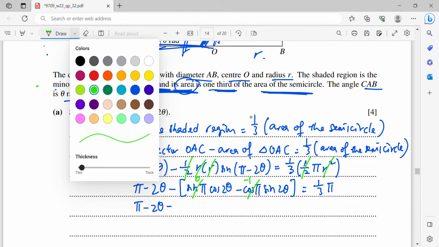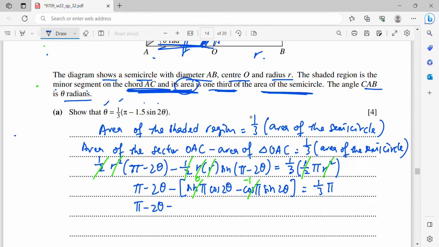So 0 times cos 2 theta is 0. Then minus minus is a plus, then sine 2 theta equals 1/3 pi. So now I open the bracket. It will be pi minus 2 theta minus sine 2 theta equals 1/3 pi.